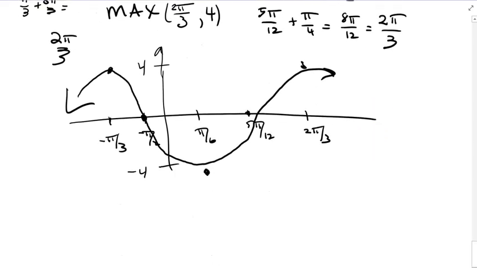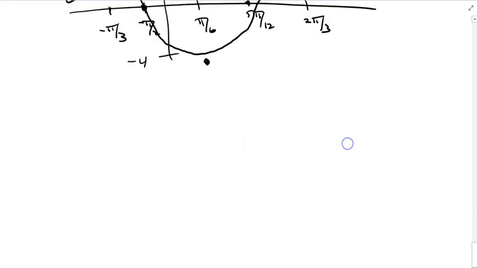Okay. Let's take a look at another example. Sometimes you don't have all those values in there that you need to worry about. So we'll stick with another cosine graph. Let's do y equals negative 3 cosine of pi over 2 x.